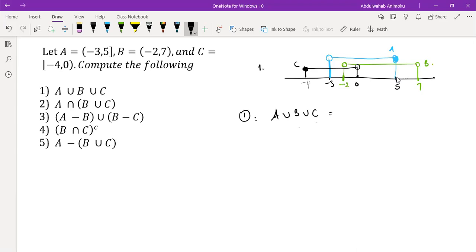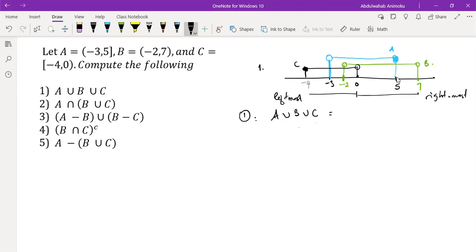So let's do this. If you look at the real line, what we're basically doing is looking at the leftmost up to the rightmost. That's how we find the union. Of course, we have to check if there is any part that is not inclusive in the set. There's a continuity from -4 to 0, and then we still have some elements moving from 0 all the way to 7.